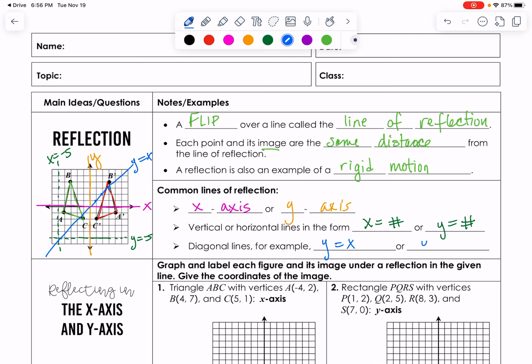Or we could do y equals -x, so that line just goes the other way. Those lines, the pink, yellow, blue, and green, are common lines of reflection that we use. We can do other ones, but we try to make them a little less ugly.